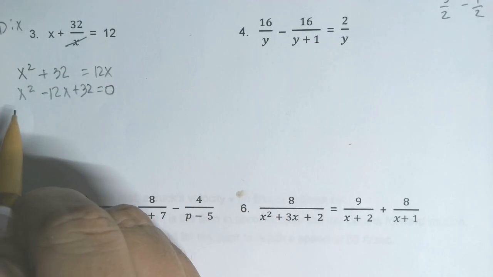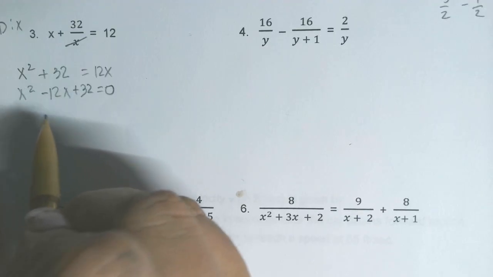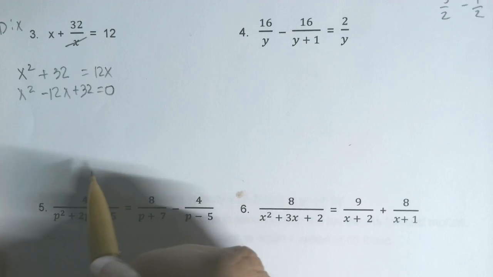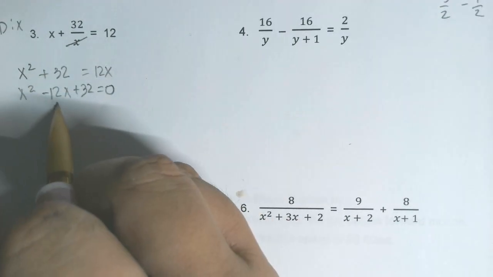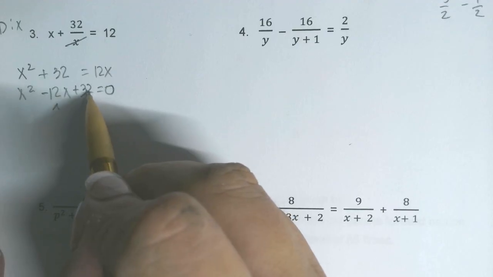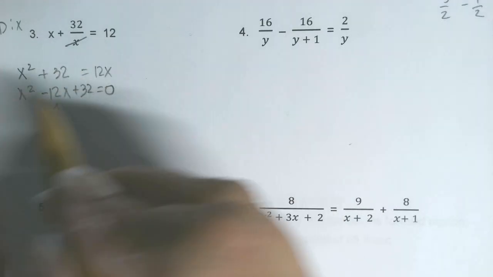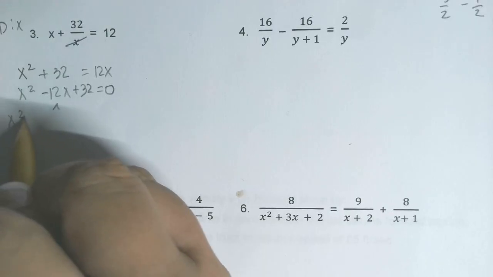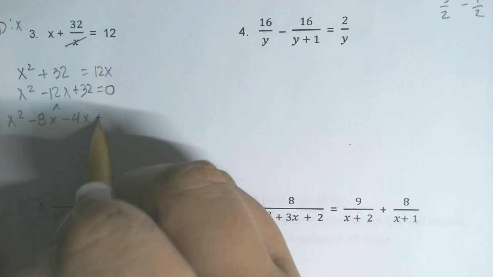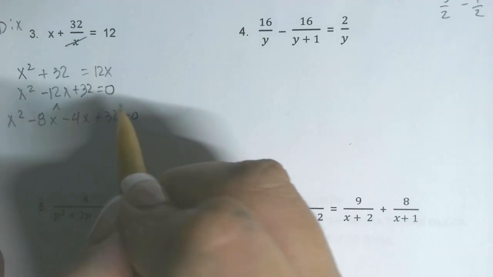Now the way that you factor is up to you. You can factor with the quadratic formula or with the AC method, whatever you like. But this one we do have to factor. So this is a positive 32, and that's an x. So when we expand it, it's going to be x squared minus 8x minus 4x plus 32 equals 0.